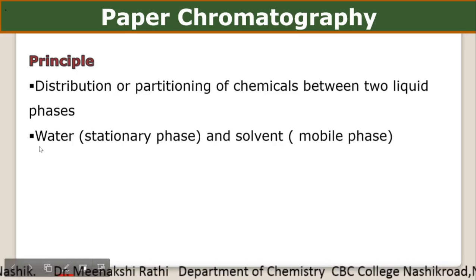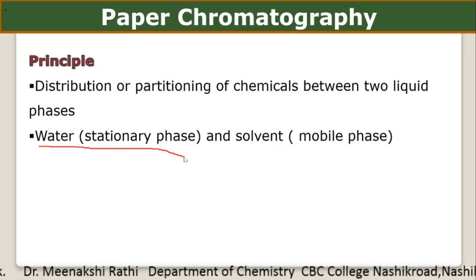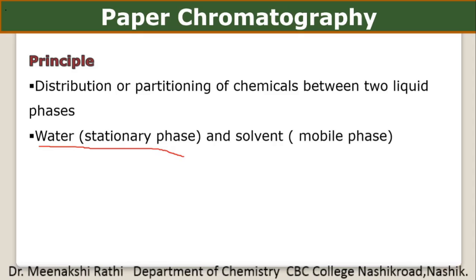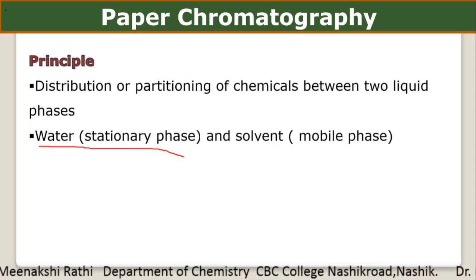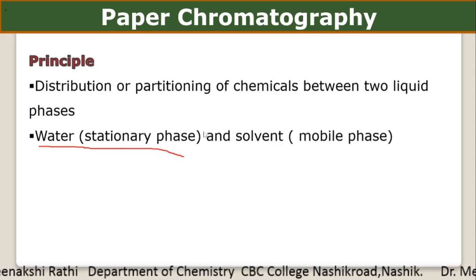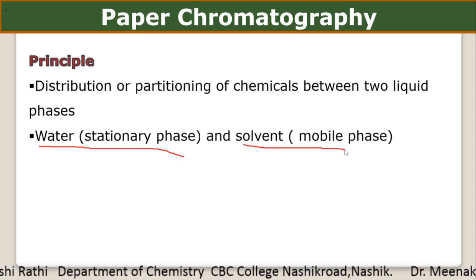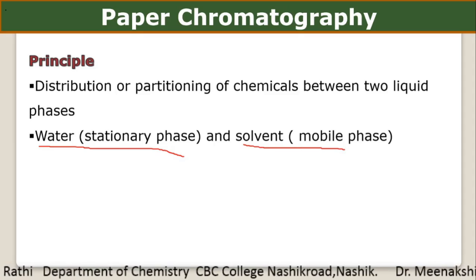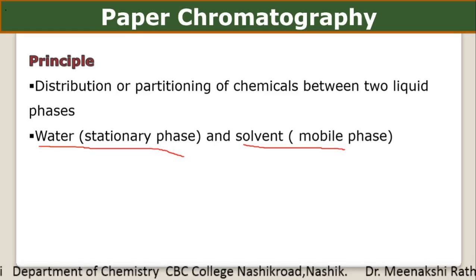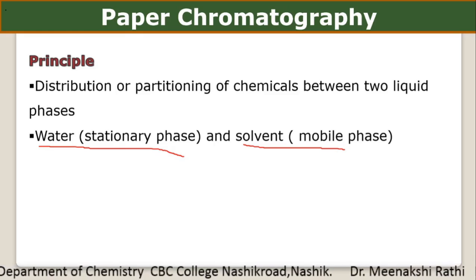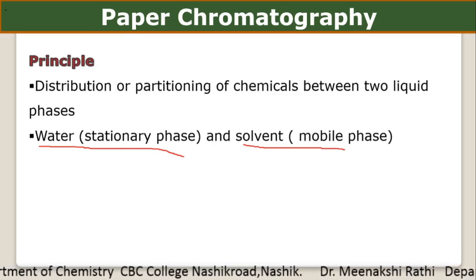Not the paper, but the water which is held in the small pores of the filter paper is considered as the stationary phase, and the solvent is the mobile phase. So here both the stationary phase and the mobile phase are liquids, and that's why it is called partition chromatography between two liquid phases.